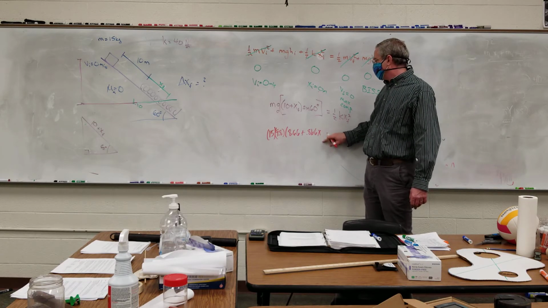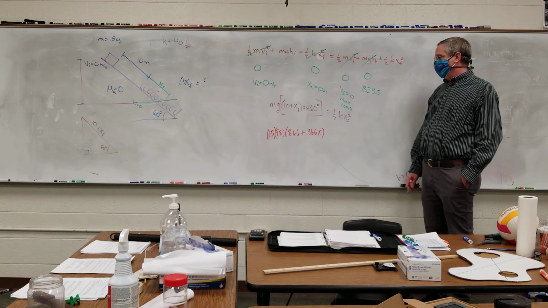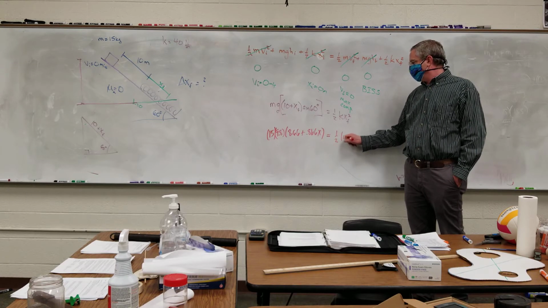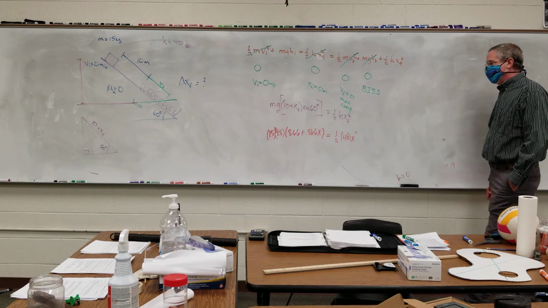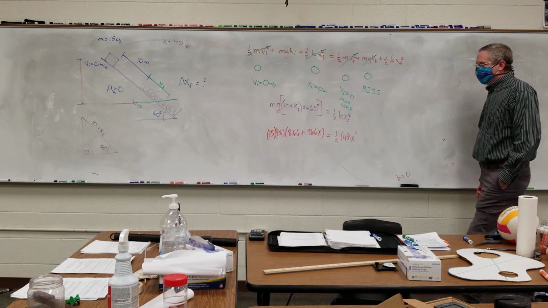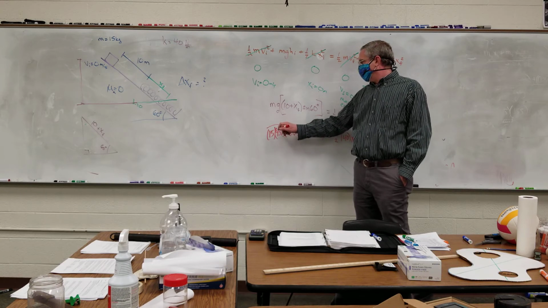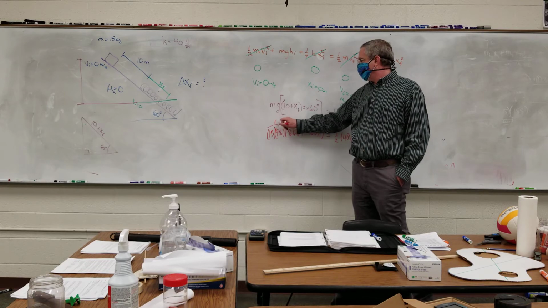And I'm just gonna write x, just to simplify my writing even more. It's equal to 1/2 times 40 times x squared. So I have this 15 times 9.8, which is 147.